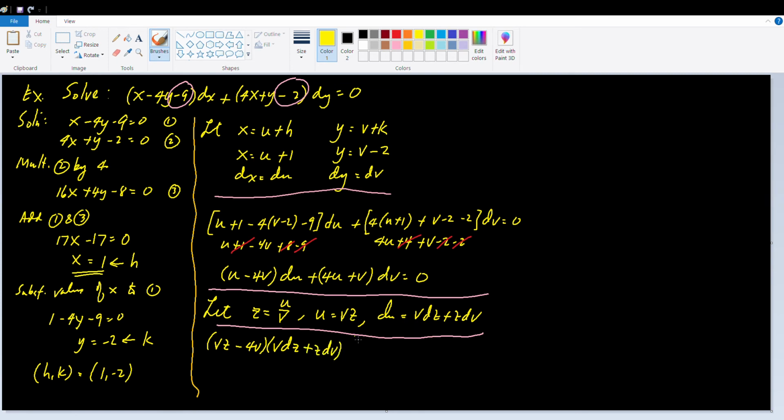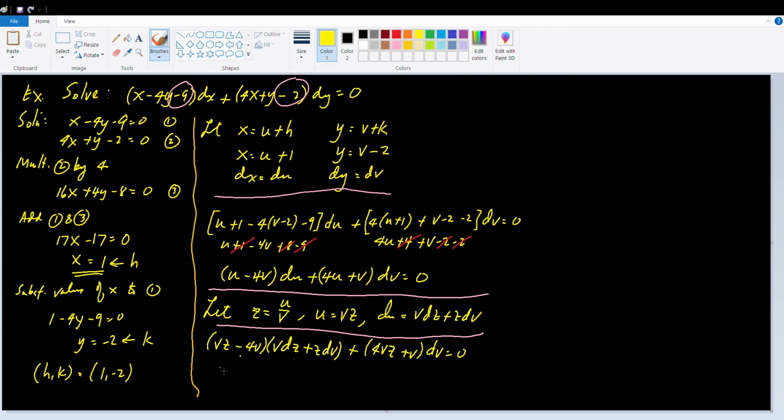You see that? v dc plus c dv, that will replace du. And then plus 4u, or vc, plus v dv equal to 0. Okay. So let us multiply these two.